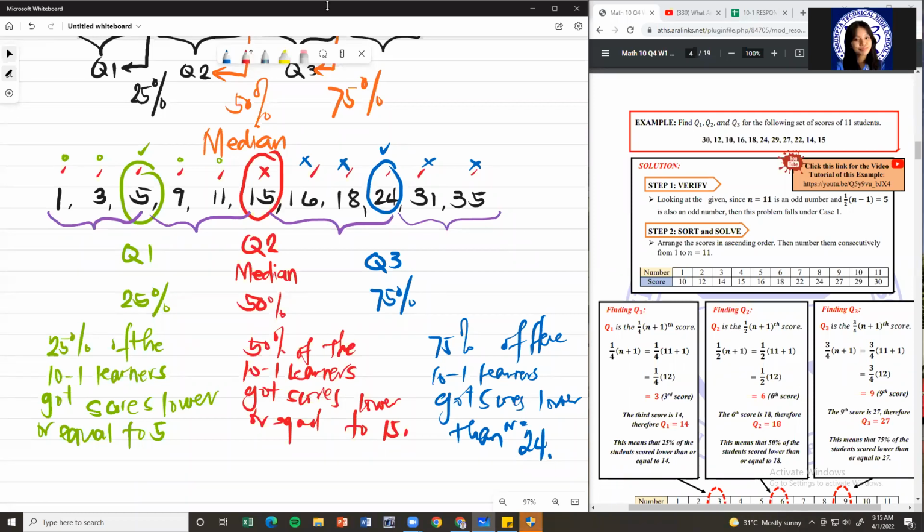Okay? Show me a reaction if you understood the process of getting the first quartile, second quartile, and third quartile in this set of data. Let me see. Okay, thank you so much.